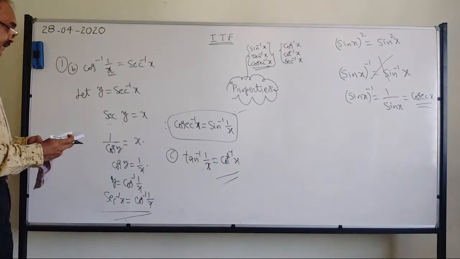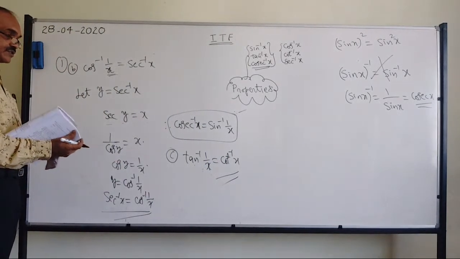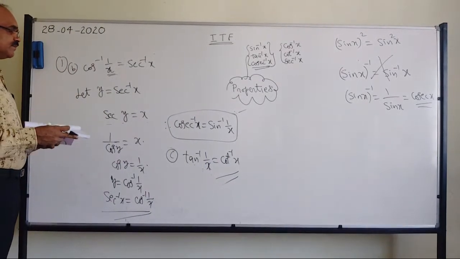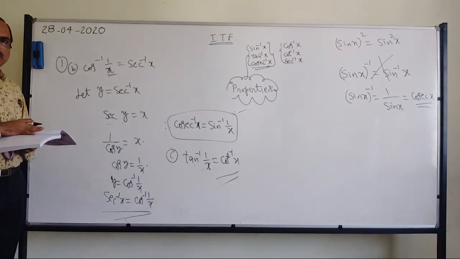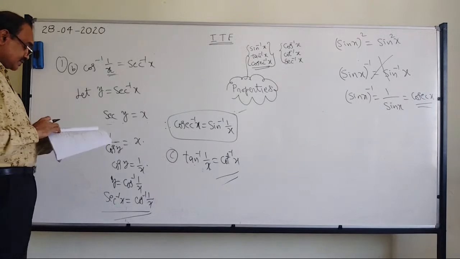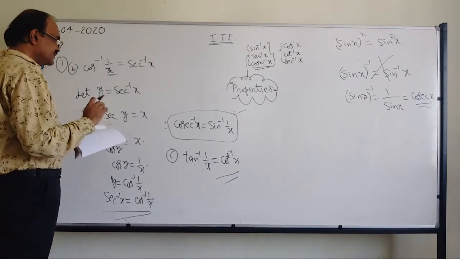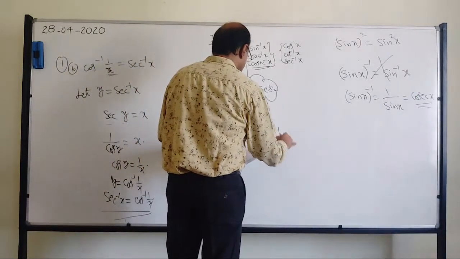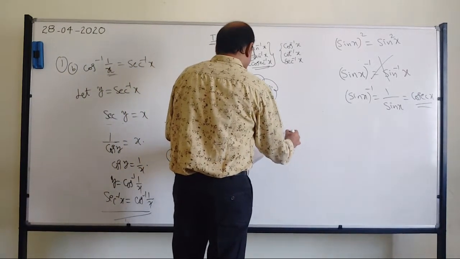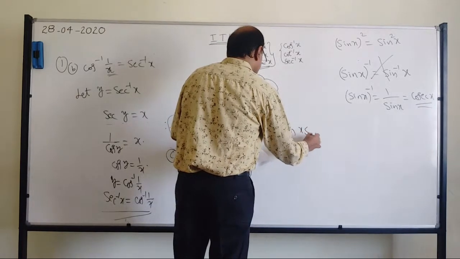For all these properties, there will be some domain restrictions. We don't have to discuss those things, they clearly said in the textbook it is out of scope. But there are some domain restrictions for everything. Now for cosecant inverse, the domain restriction is x should be greater than or equal to 1 or x should be less than or equal to minus 1.